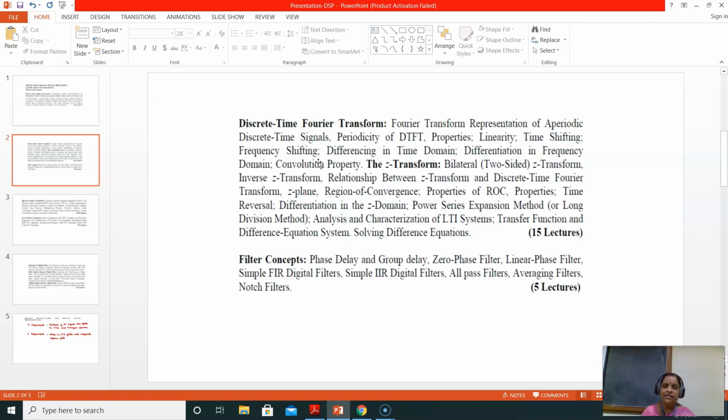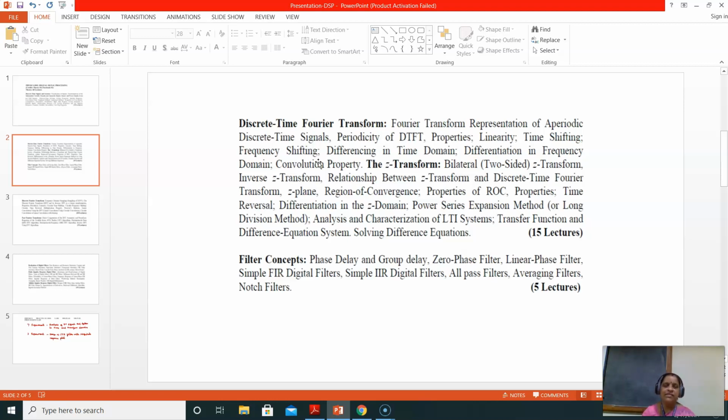And next, this unit also covers the Z transform: how to take the Z transform of a discrete time signal with the definition of the region of convergence, what the properties are, and the proof of the properties will be dealt with in this unit.